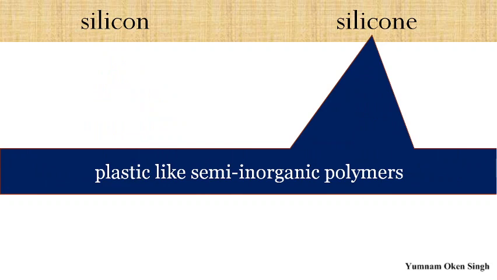But this one, silicone with a letter E at the end, looks like a plastic. It's a plastic-like semi-inorganic polymer, and it is very much used in industry, the most famous being silicone breast implants and the like. So there's a difference between these two silicons, with or without the letter E.